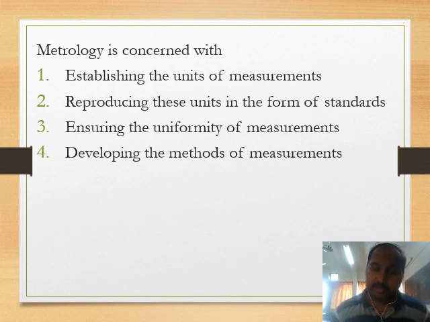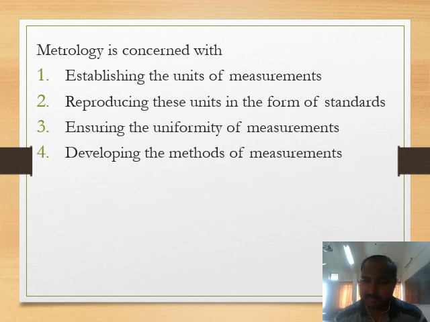Next is about developing the methods of measurement. For measuring the length, let me say a ruler is used to measure this is equal to 10 centimeter. When I take it with the help of a vernier caliper, it also needs to measure the same 10 mm. So there are different methods, or different instruments, through which we are measuring the length, with the help of light or some other standards.